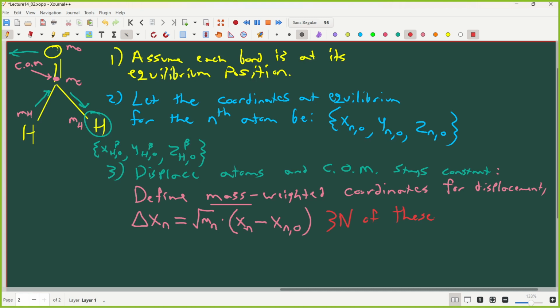But we have to think about how the potential energy changes as we move one of these coordinates. Again, the potential energy surface is 12-dimensional in the case of formaldehyde, so we're going to have to be very careful and make sure that we account for everything.